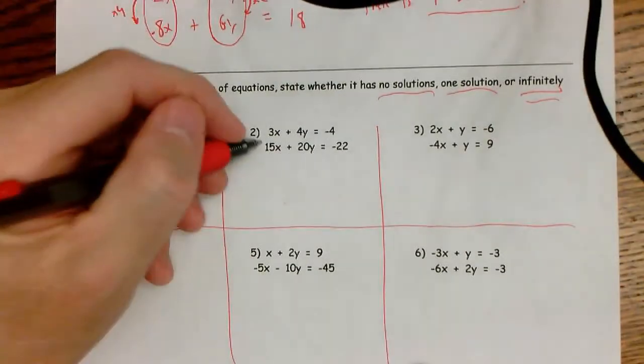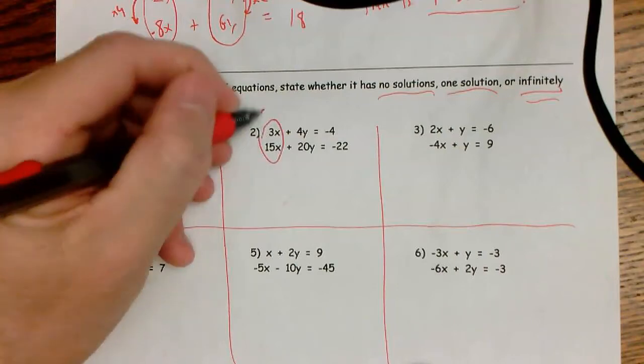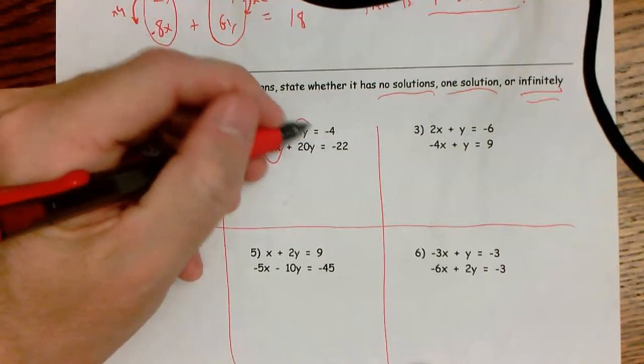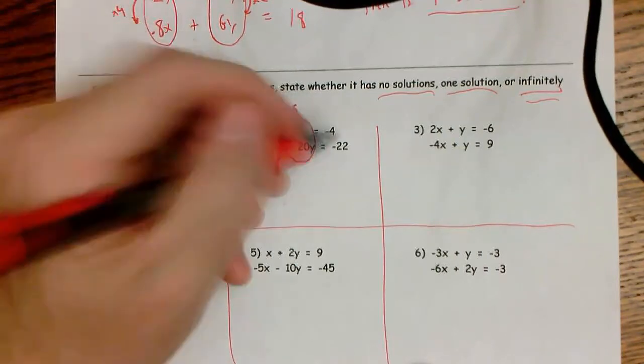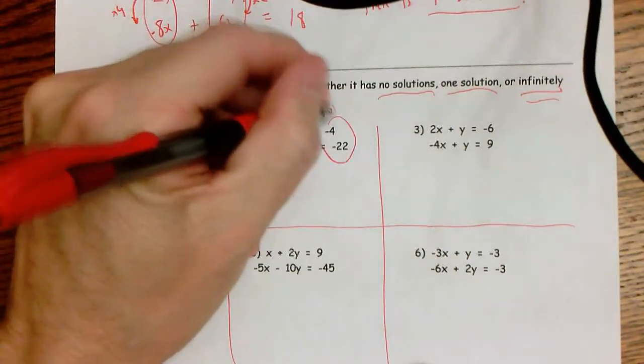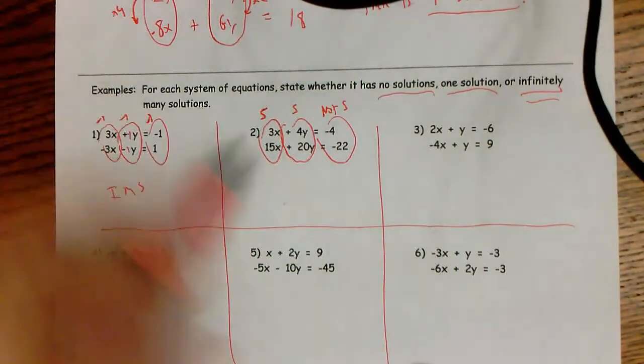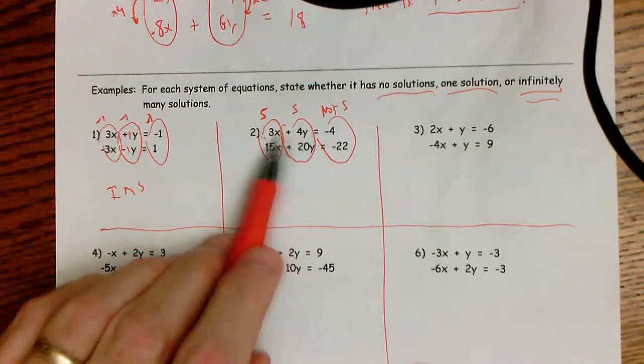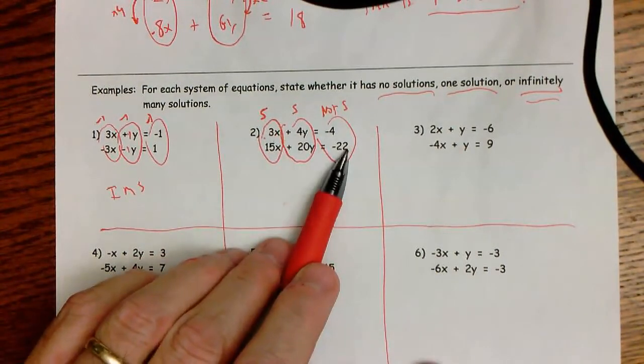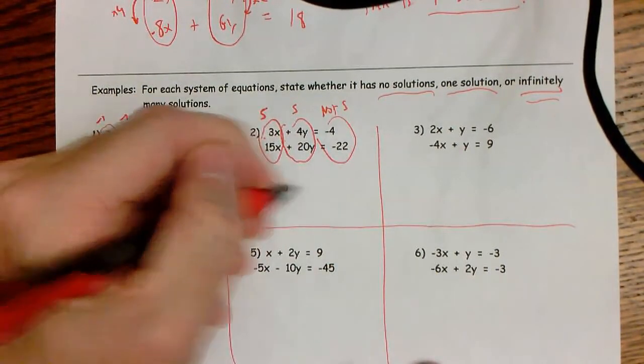What about this one? Looks like I am multiplying by 5, but this one is not 5. So this would be an example of both variables being the same multiple, but the number is not. That means no solution.